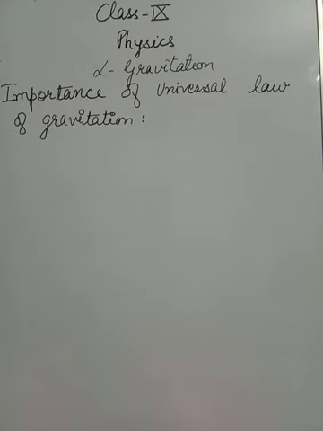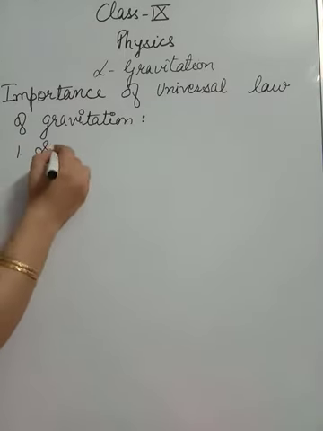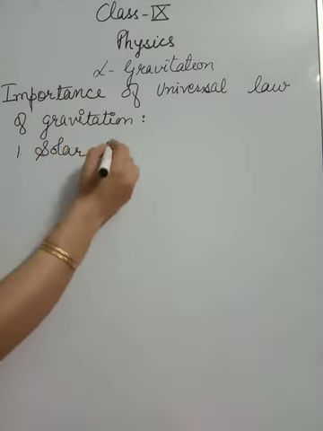Now children, we will discuss what the importance of the universal law of gravitation is, how it is important to us. The very first importance is that it gives us the explanation of how our solar system works.